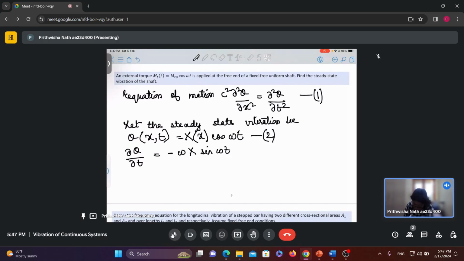Now I will substitute this in the equation number 1. So this becomes plus omega square x. Now I'll bring this term c square in the denominator. So the equation becomes like this.